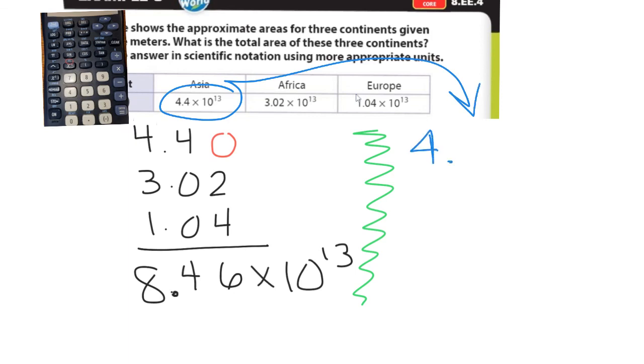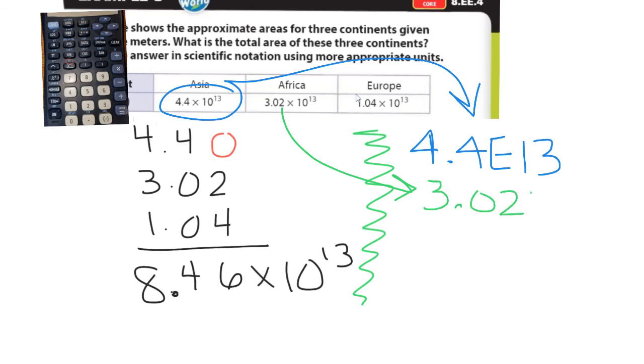Asia would be 4.4, you would press your E button and then put in 13. Africa would be 3.2. You'd have to press that E button and then 13.